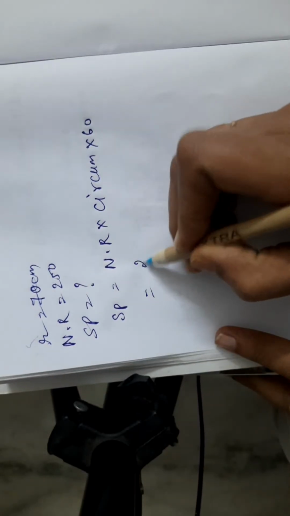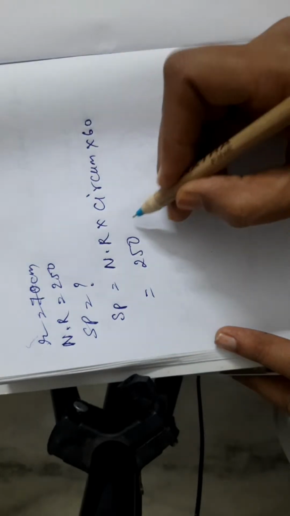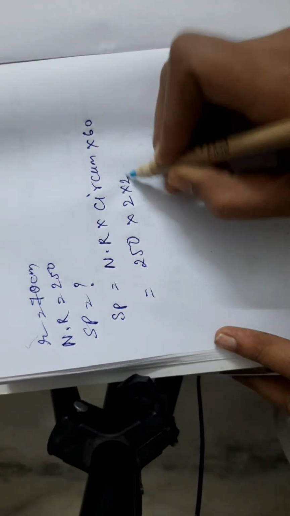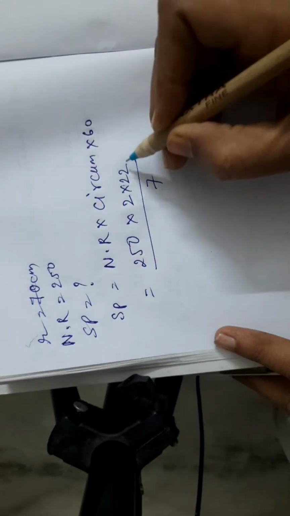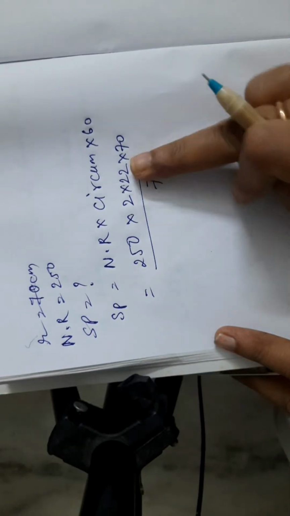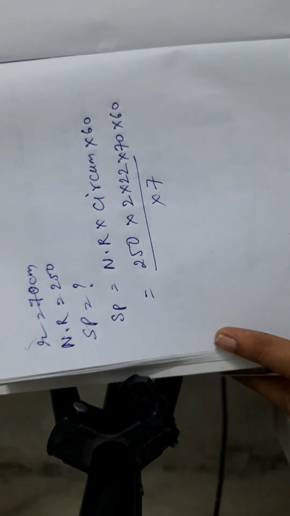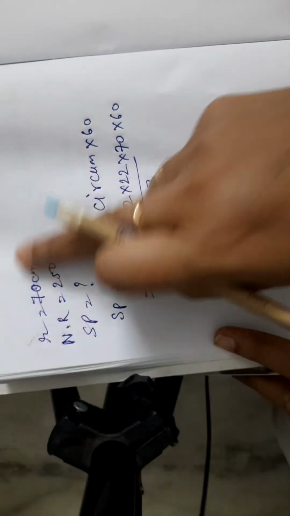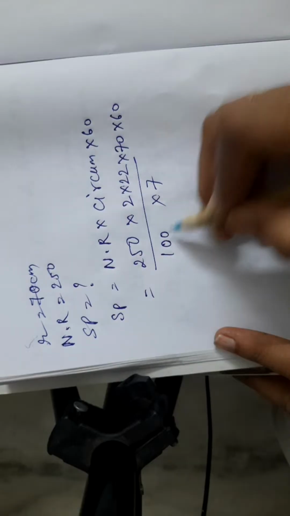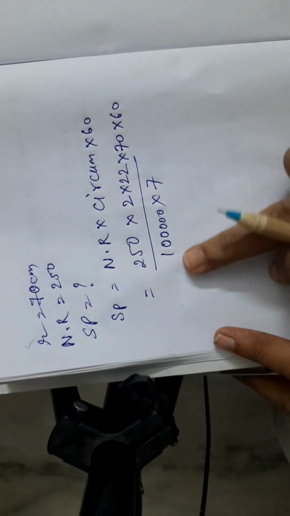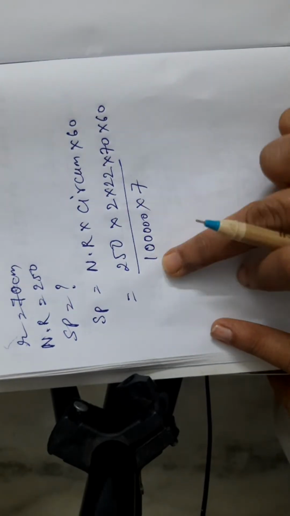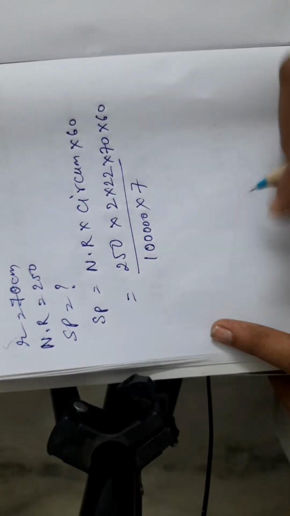Number of revolutions it is making is 250. Circumference is 2 pi r, pi is 22 by 7, radius is 70, and then 60. Whole we are dividing, as the thing is in centimeters, to get kilometers we need to divide this by 1 lakh. Always keep this value in mind.